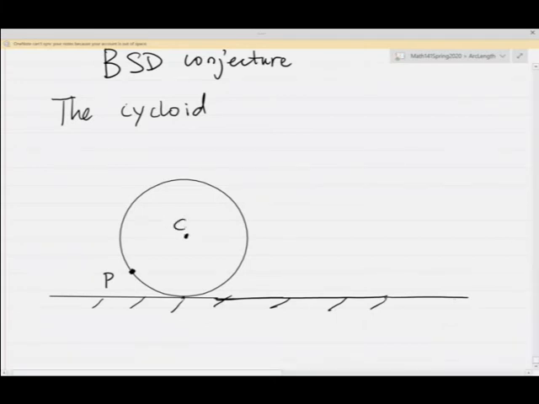The circle center is C. So the point P traces out a curve as the circle travels along the ground.